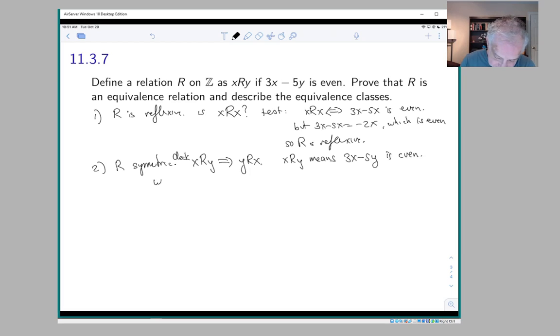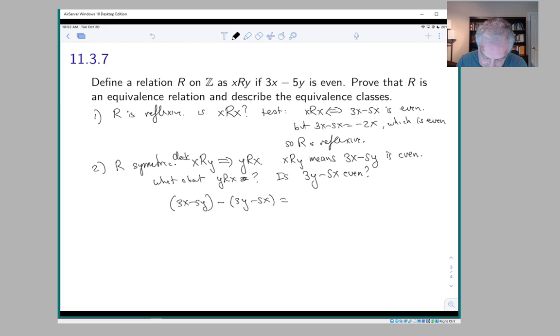What about yRx, which is 3y minus 5x even? Well, one way to check would be to take 3x minus 5y minus 3y minus 5x and see what we get. We get 8x minus 8y.